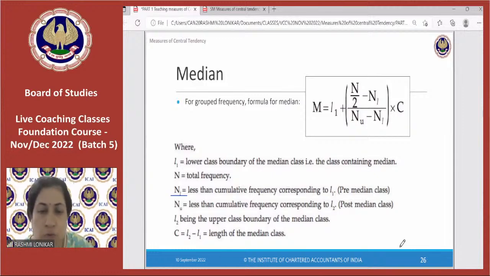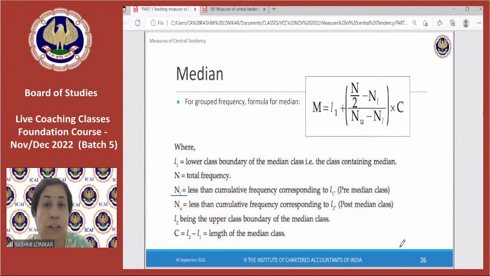Now, what happens for a group frequency? You need to first find the cumulative frequency. Whether lower than or greater than, we will find the lower than cumulative frequency. Okay, that is one part. Second part is the class interval that is given. You are going to represent it in class boundaries. Okay. So we will write the lower class boundary and upper class boundary for the classes. Then the third thing we are going to do is find n by 2.